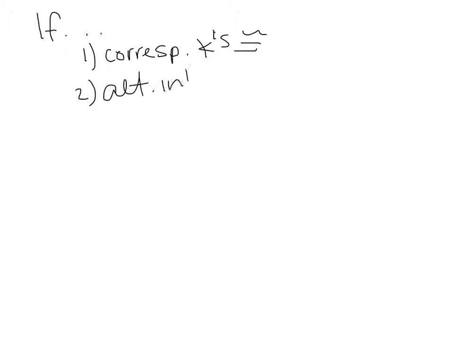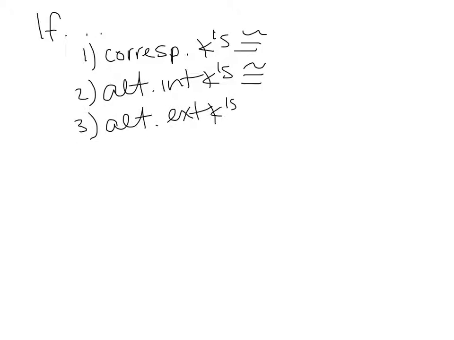To go over the rules again, and this should really, really be in your notes, we have 4 things. If corresponding angles are congruent, or if alternate interior angles are congruent, or if alternate exterior angles are congruent, or if same side interior angles are not congruent but supplementary.